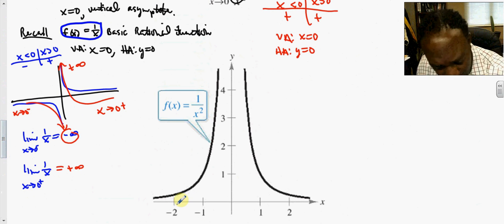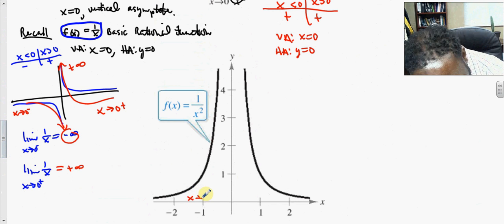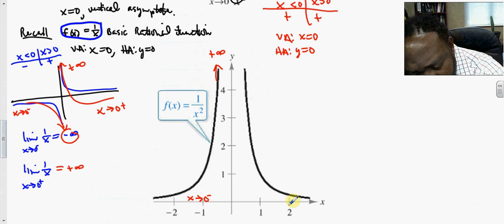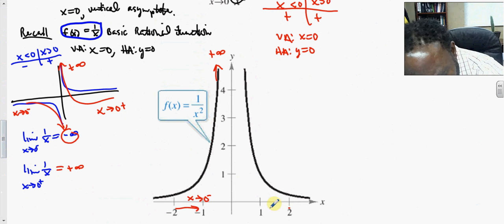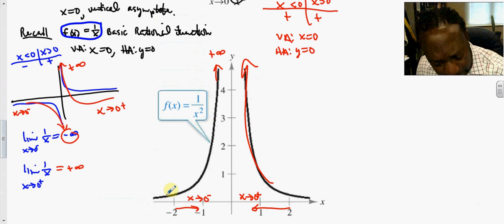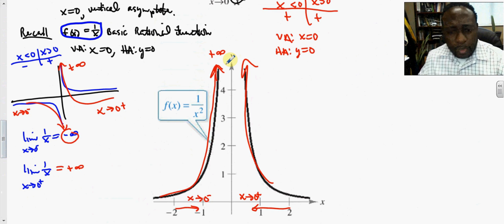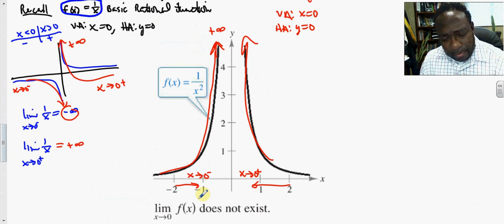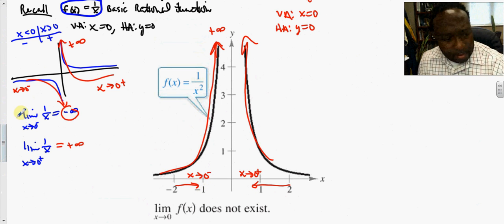As x approaches 0 from the left, we get positive infinity. As x approaches 0 from the right, it still blows up to positive infinity. So we say that the limit does not exist. Here it is said to extend without bound in the positive direction.